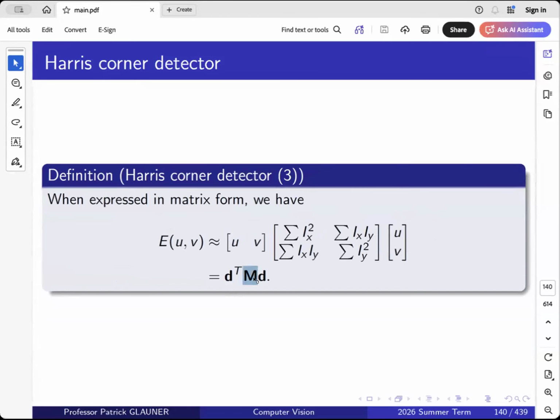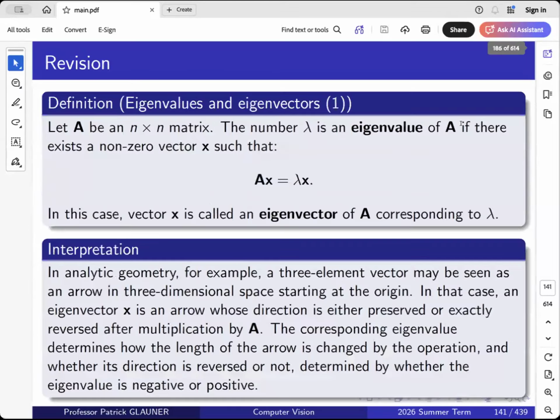Matrix M is interesting because it calculates the sum of changes along X and Y in different ways. We can take this matrix M, it's just a 2 times 2 matrix because this calculates a scalar. Each sum just calculates a scalar.